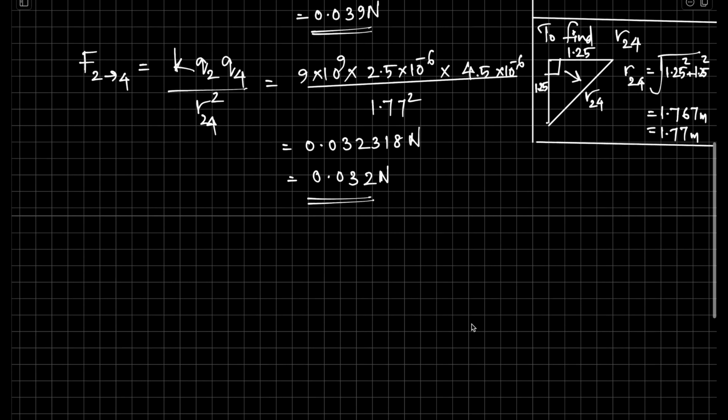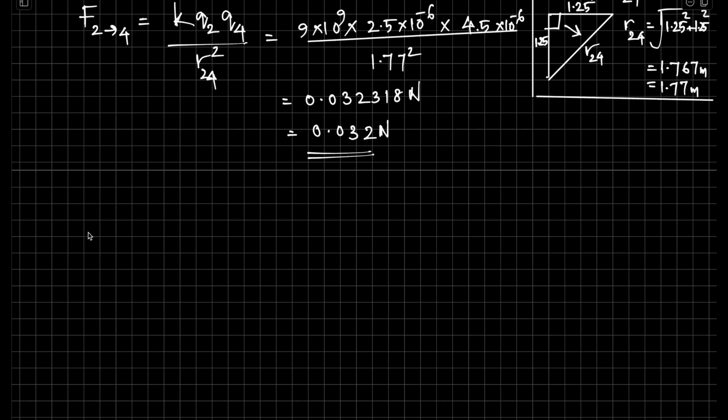Right. Now, the last one, F3 on 4. Okay, let's write the equation. It's easy now, right? We have charge 3 and charge 4. So Q3 Q4 by R34 squared.